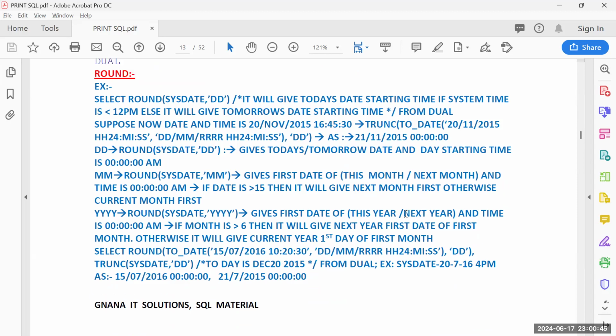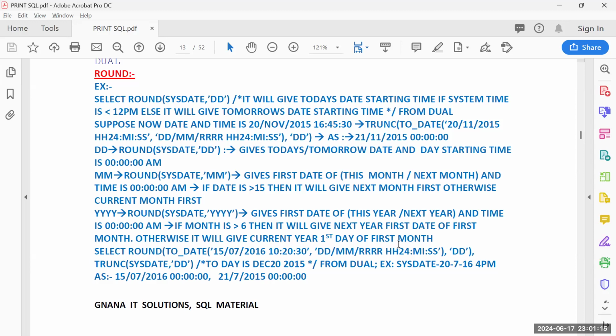Again, it will give today's date starting time if the system time is less than 12 p.m. Else, it will give tomorrow's date starting time if it is greater than 12 p.m. Based on that, it will round it. Again, for months and years it is based on the 0.5.